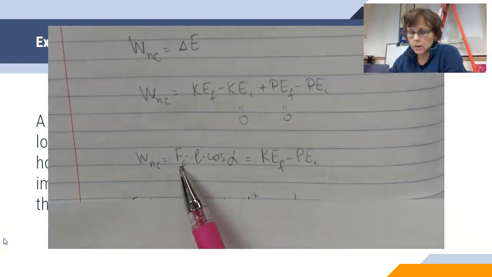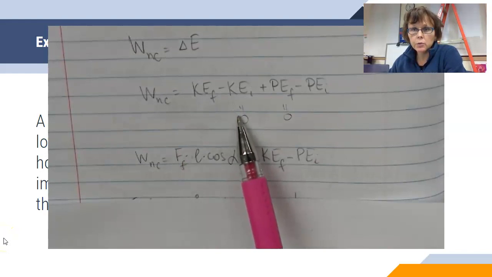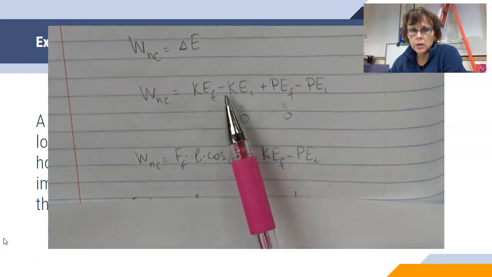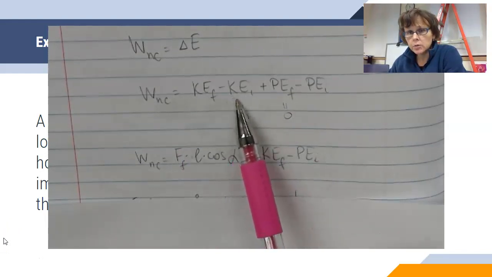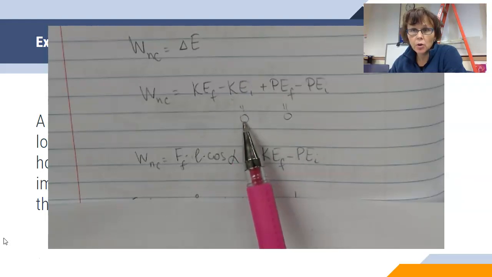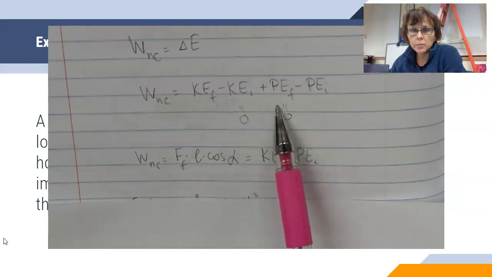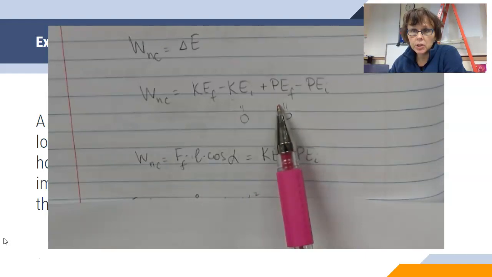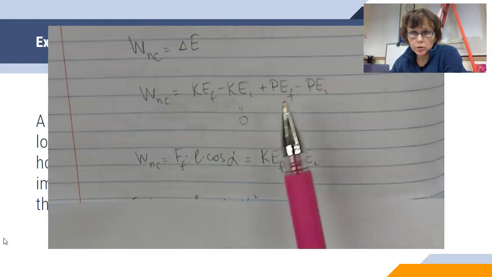Let's think which energy equals 0. Initial kinetic energy equals 0 because the car at the top of the incline does not move, and final gravitational potential energy equals 0 because the reference level is at the end of the course of motion.